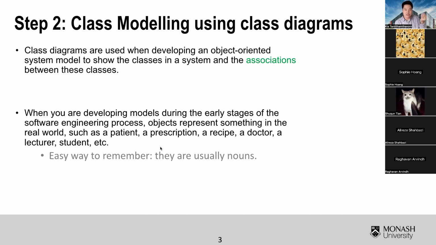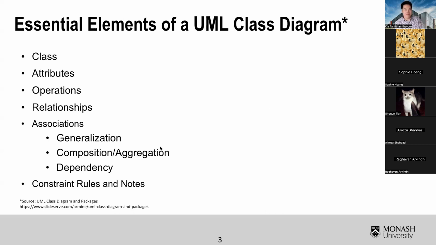Objects should represent something in the real world, such as a patient, prescription, receipt, recipe, doctor, lecturer, person, employee, student, or whatever. So it should be a noun, it should not be a verb. This is what we do at the beginning of the software development process.